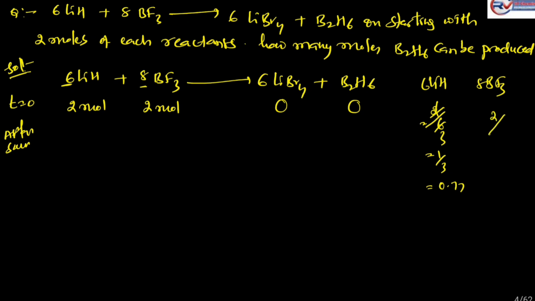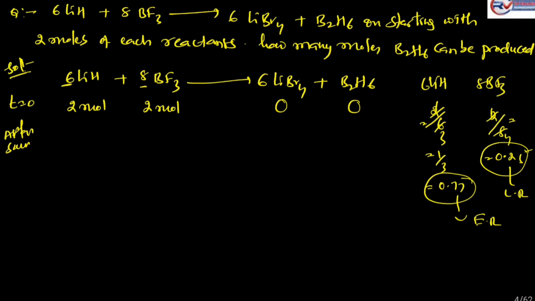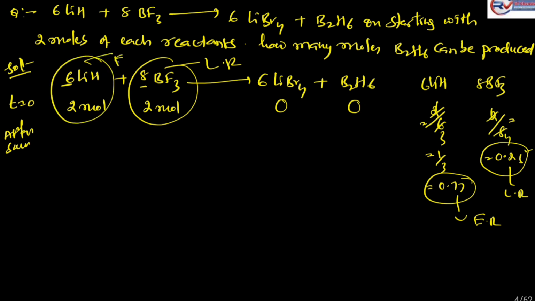Next, number of moles of BF3 is 2, stoichiometric coefficient is 8, it is 1 by 4, which becomes 0.25 mole. Of these two, 0.25 is the least value. That is the limiting reagent. The other one is the excess reagent. So BF3 is the limiting reagent and LiH is the excess reagent. Limiting reagent means it is completely consumed, so it is 0 mole.